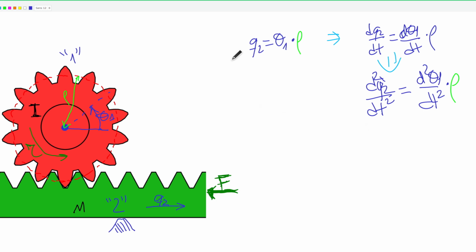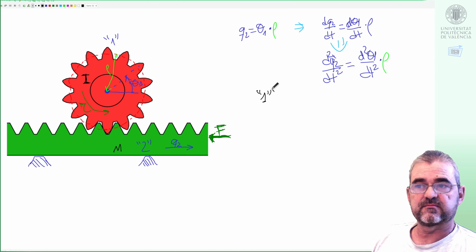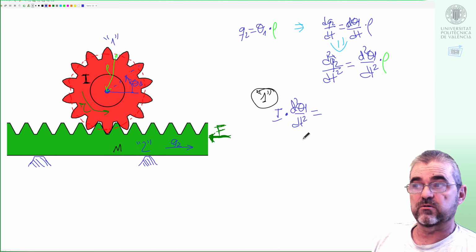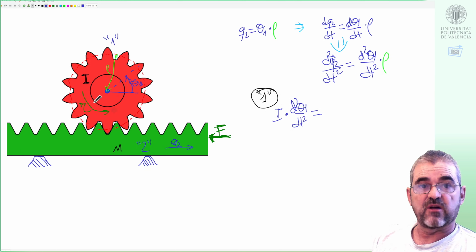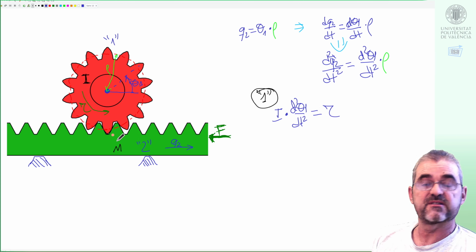More on that later. Nevertheless, let us write Newton equations for body 1: moment of inertia times angular acceleration is equal to resulting torque. So if somebody exerts a torque tau in the rotation axis, I will have it, but what happens with the interaction between the green and red bodies?